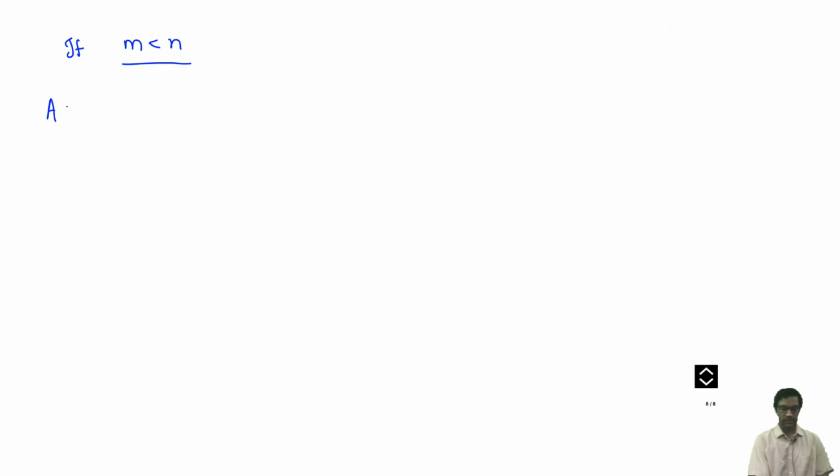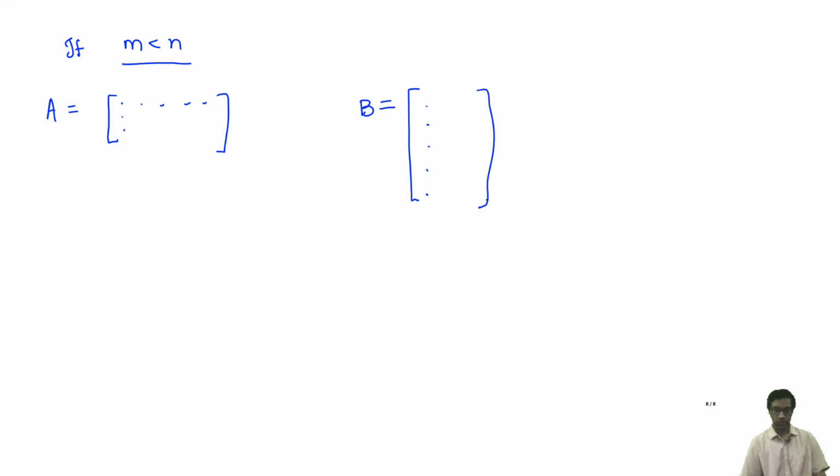So what does A look like? Therefore A looks like this. A is m cross n, so it's got some m rows but lots more columns. It's a rectangle of this kind. B is the opposite. It's got lots more rows and fewer columns. So this is m cross n, this was n cross m. Now what we are saying is that when you multiply these two matrices A, B, you get an m cross m matrix that's the identity, and BA is also the identity, right?